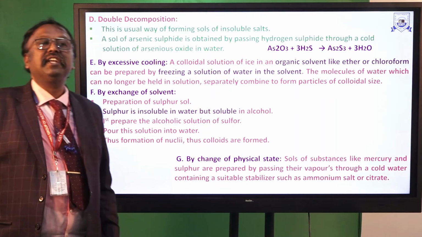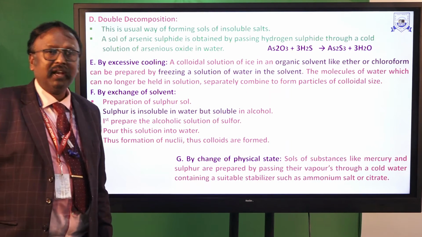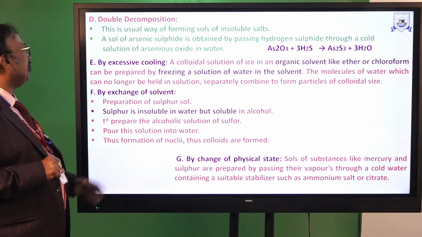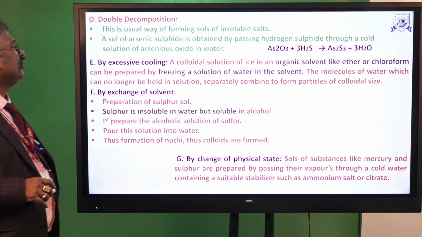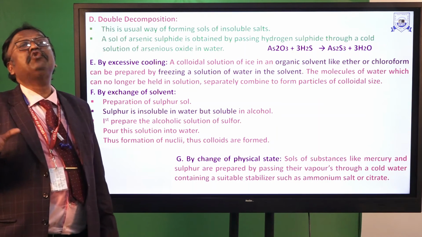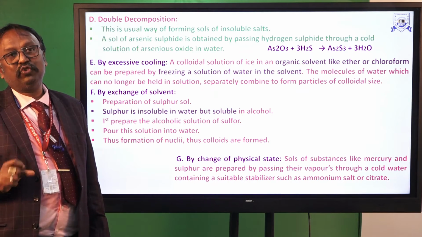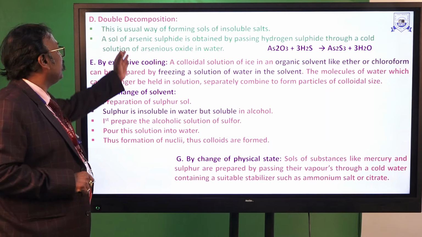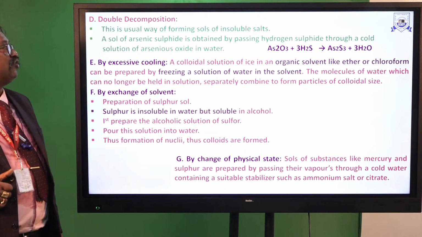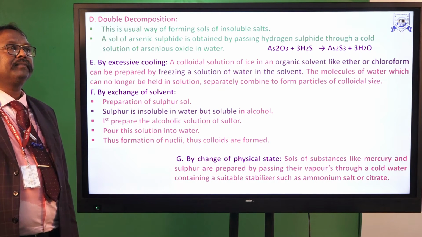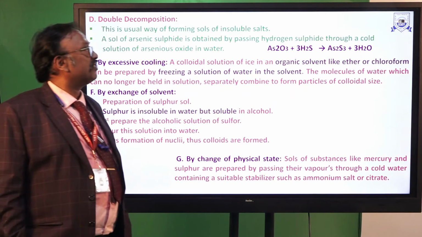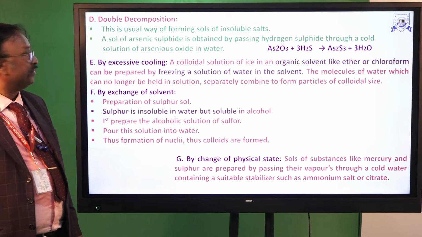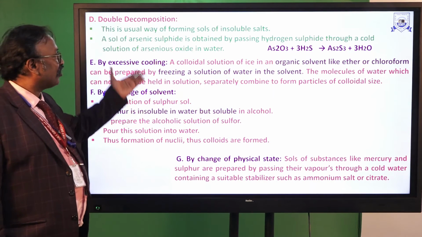Next, the double decomposition method. The double decomposition method is a usual way of forming insoluble salts. For example, arsenic sulfide sol is obtained by passing hydrogen sulfide through a cold solution of arsenic acid or arsenic oxide in water.